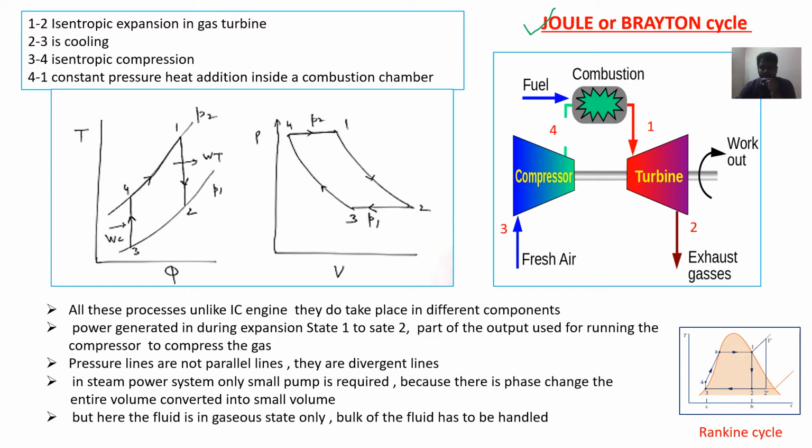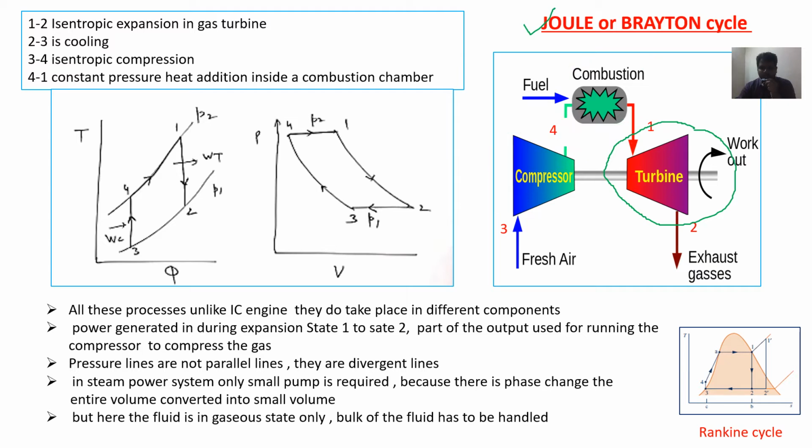It will have a number of components. Compressor between process 3 to 4, combustion between 4 to 1, turbine between 1 to 2. All processes are taking place at different components.